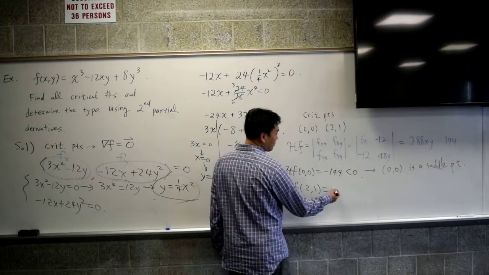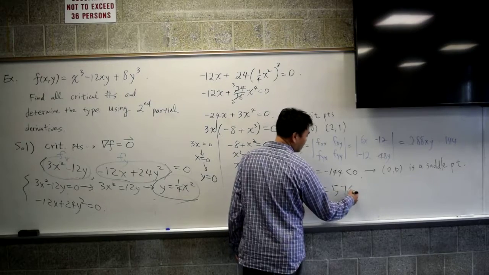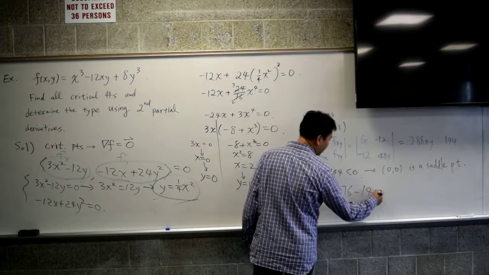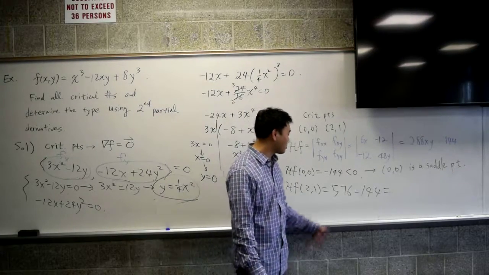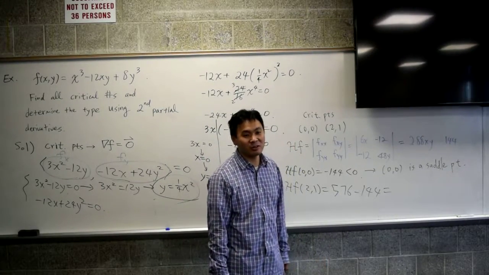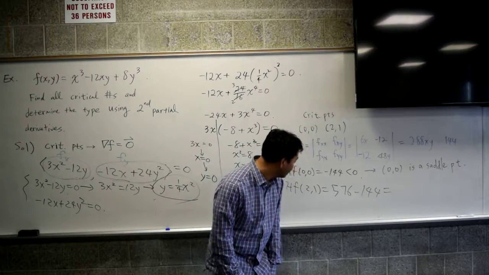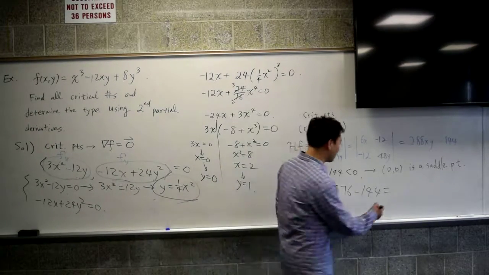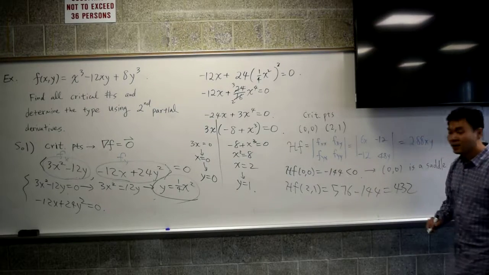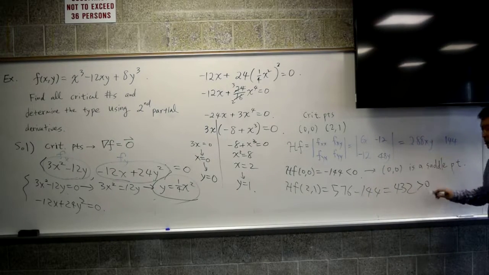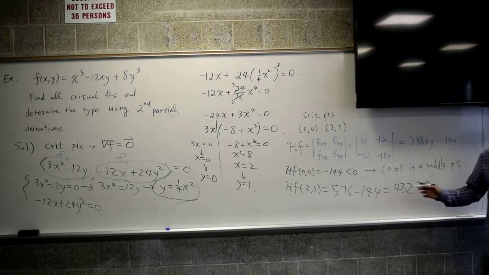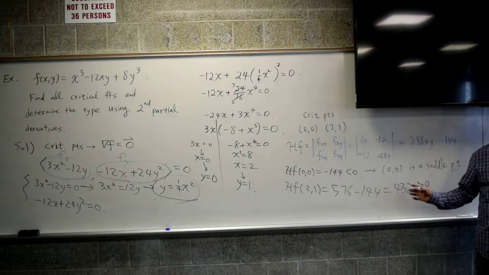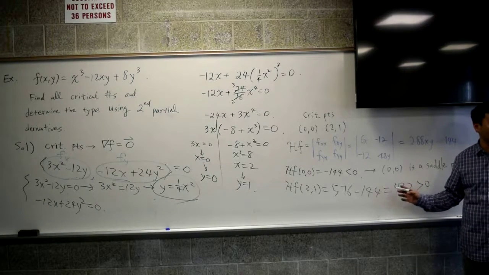That's 576, minus 144, which is, I don't really care about the exact value, 432. And that's positive. You just have to know whether it's positive or negative. So that's positive. What does that tell us? Nothing yet. We don't know if it's a relative max or relative min.